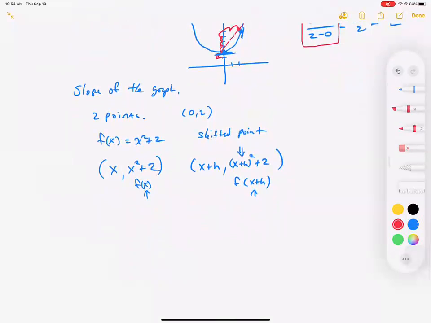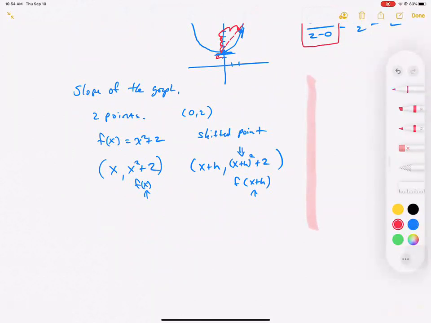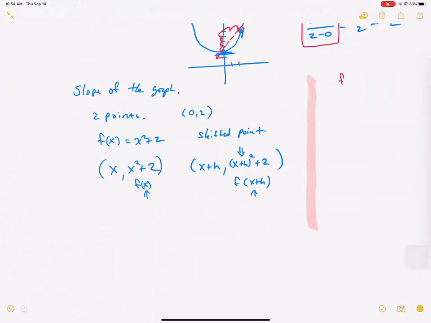Okay, to give you another example quickly on the side, if f of x is equal to x cubed minus 2x, this is a fancy one, my f of x plus h would be x plus h cubed minus 2 times x plus h.